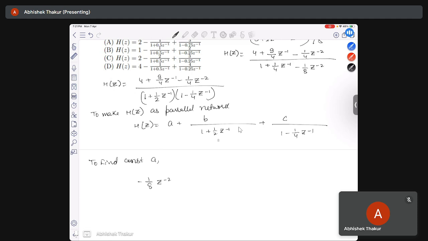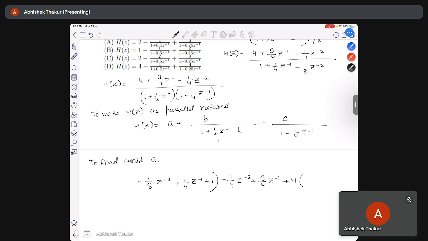So we have to divide the denominator, like numerator divided by denominator. So divided by minus 1 by 4 z to the power of minus 2 plus 9 by 4 z inverse plus 4.